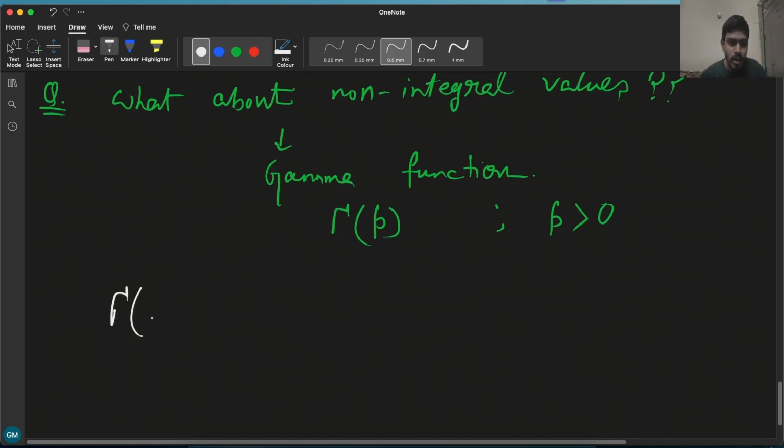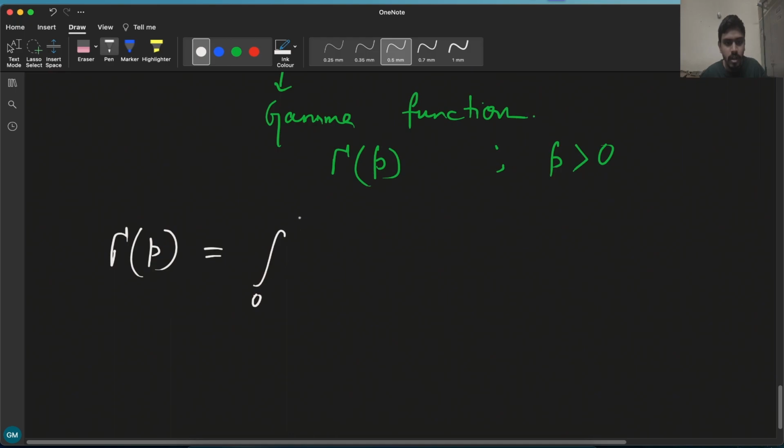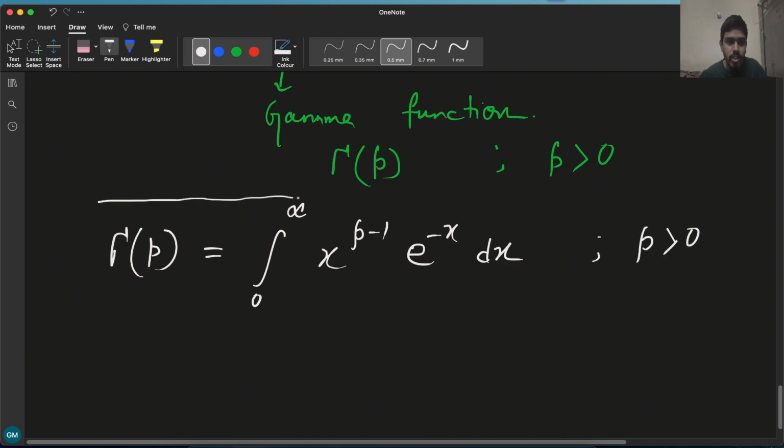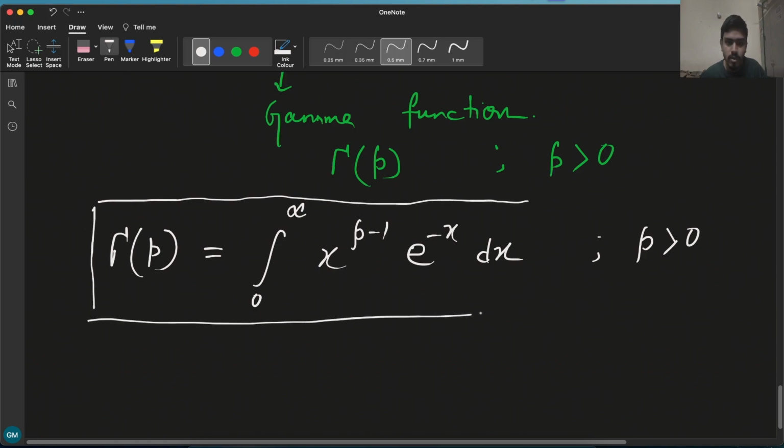This gamma p, where p is greater than 0, is defined as integration from 0 to infinity x to the power p minus 1 e to the power minus x dx, p greater than 0. So this is how the gamma function is defined. It's a new function and this is how it is defined.